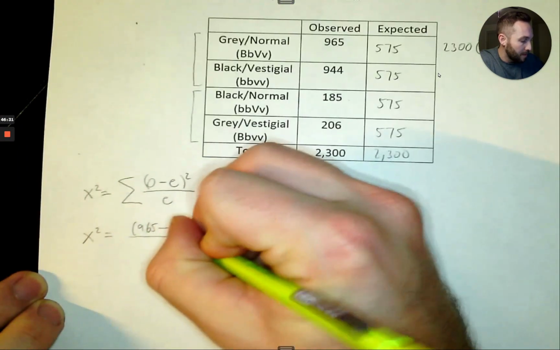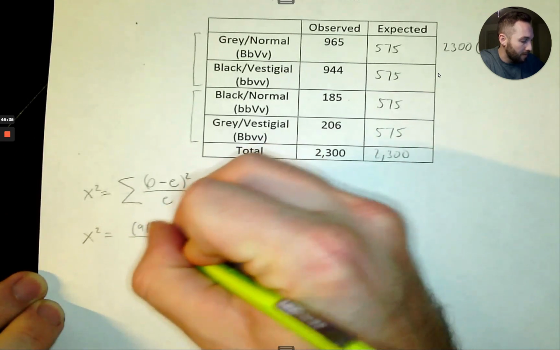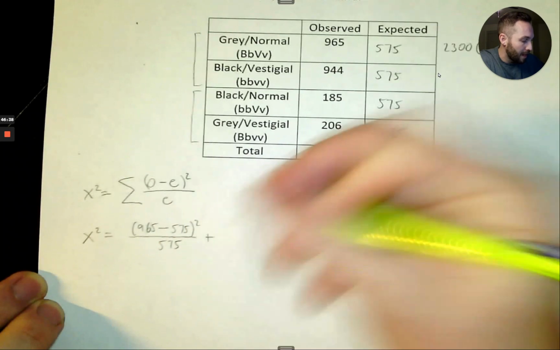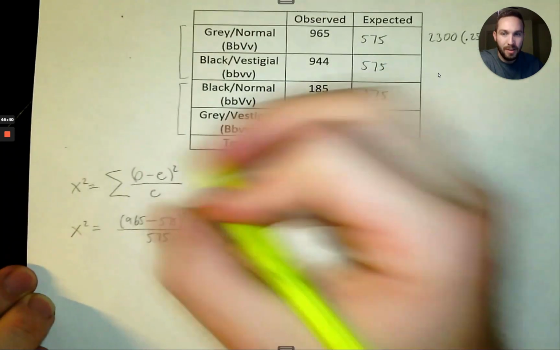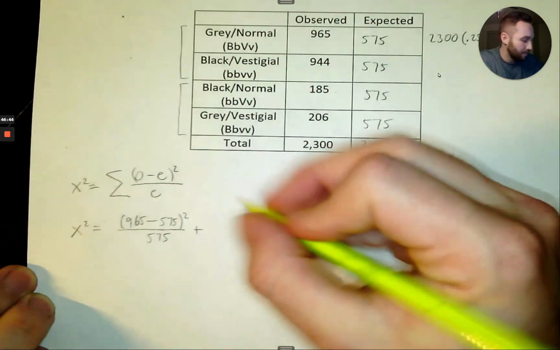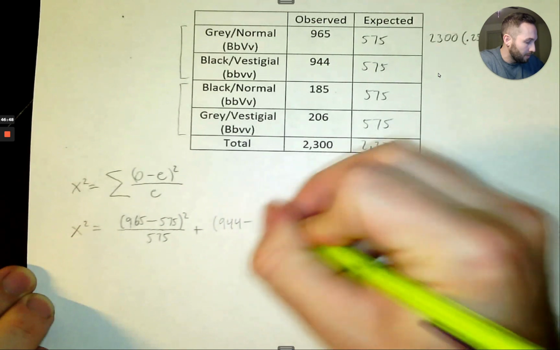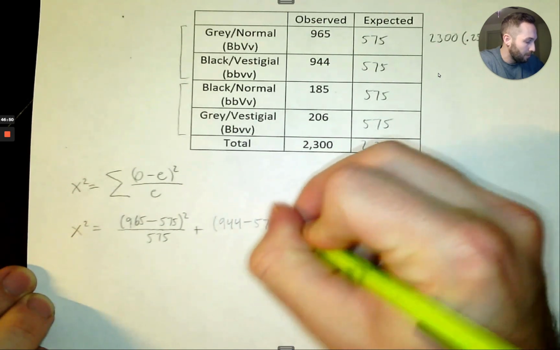But we were expecting 575. So you're going to subtract those numbers and square it and then divide it by 575. And then you're going to add that to the next possible outcome, which was black with vestigial wings. And so go ahead and do that for all 4. Or you can watch me do it for all 4.